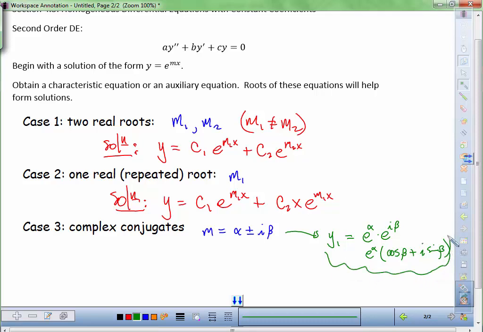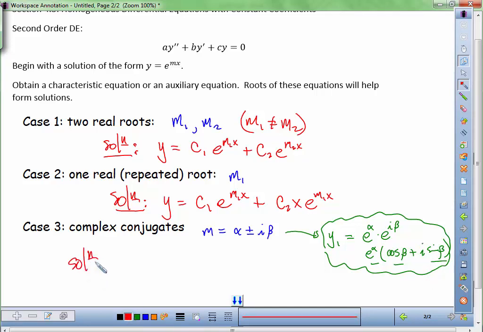So this is what happened in our discussion last time. And how we can think about it is that i, the imaginary number, although it's not a real number, it's complex, can be treated as a constant. And so what do you really have? You really have your linear combination of e to the alpha cosine beta, e to the alpha sine beta. And so that's exactly what you're going to have as your solution.